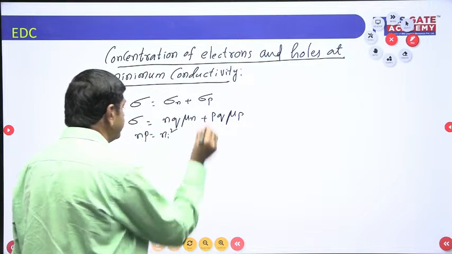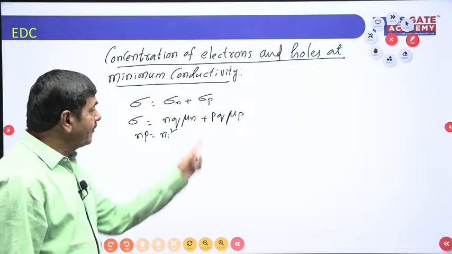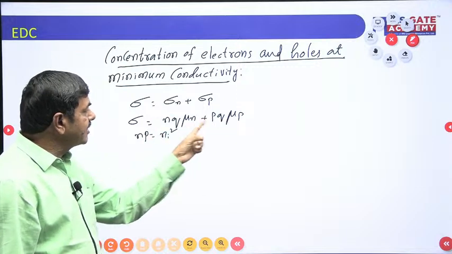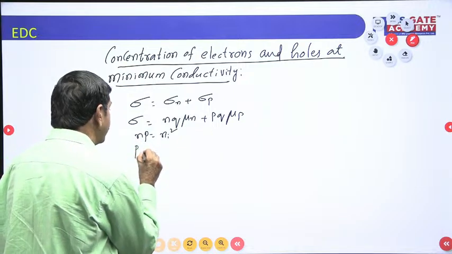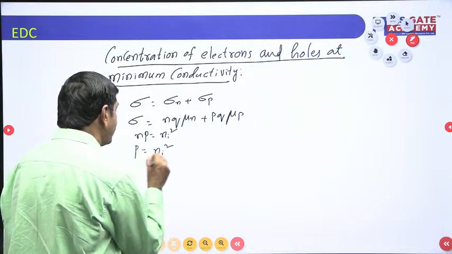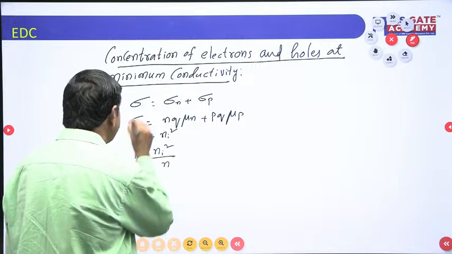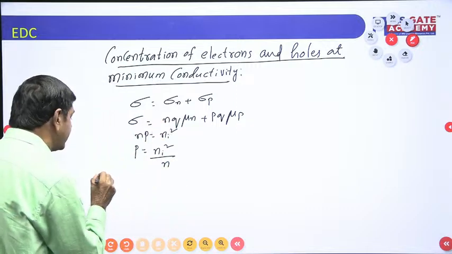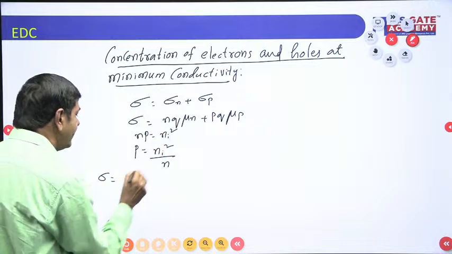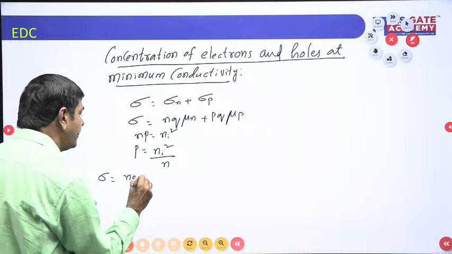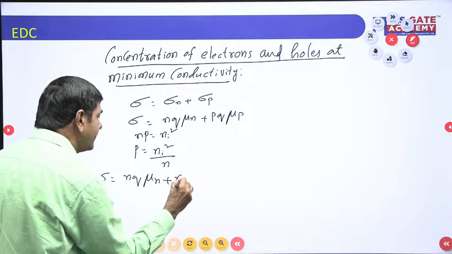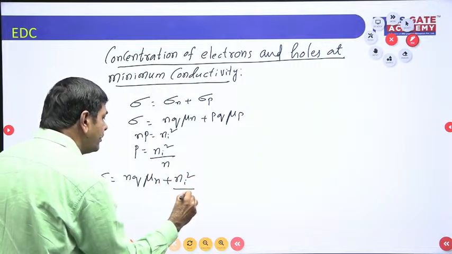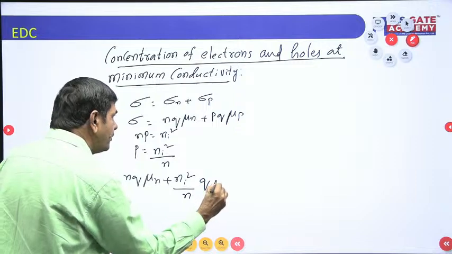I want the concentration of electrons first, so P you convert in terms of n. So P equals Ni square by n. This P I can substitute in the above equation. Sigma equals n into q into mu n plus Ni square by n into q into mu p.